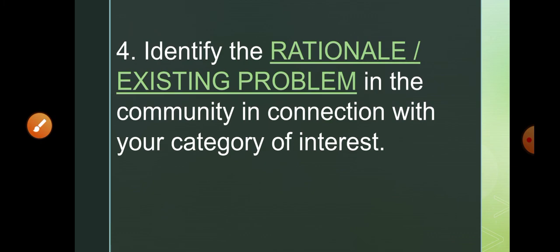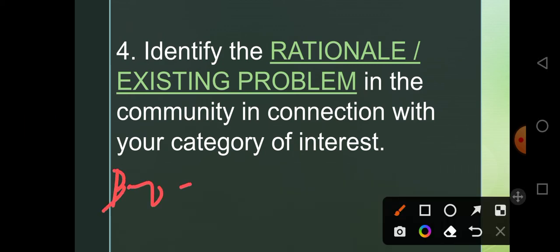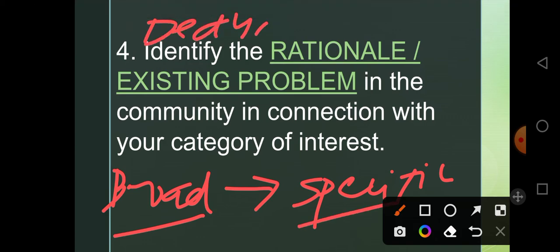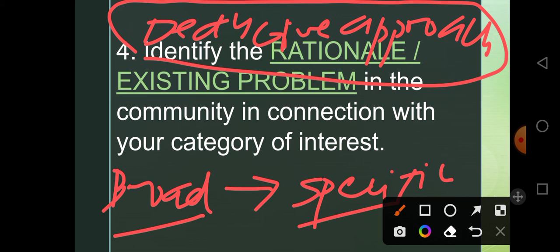From category to subfield to variable to rationale. Okay? Did we try to use a broad to specific approach? Okay. Obviously, class, the answer is yes. And this kind of approach, wherein we go from broad to specific, will be known as the deductive approach. Okay? So meaning to say, class, we must identify our research problem through the use of deductive approach.